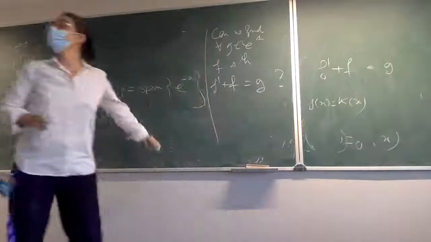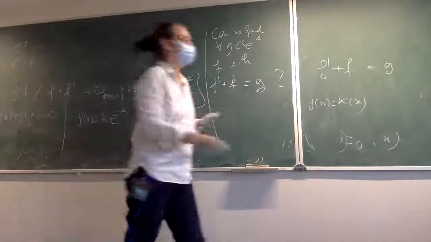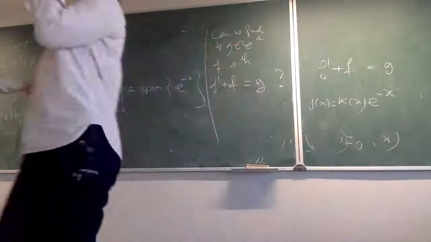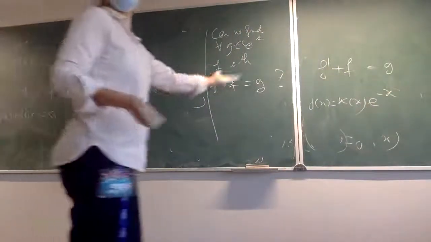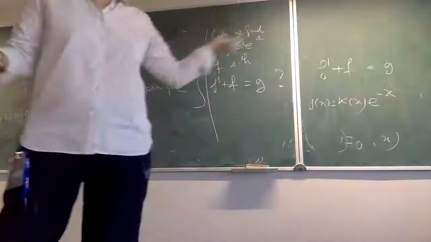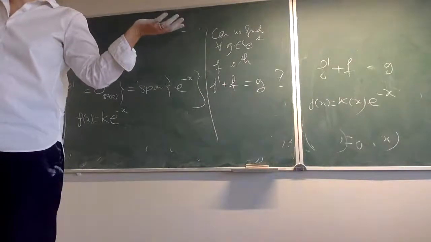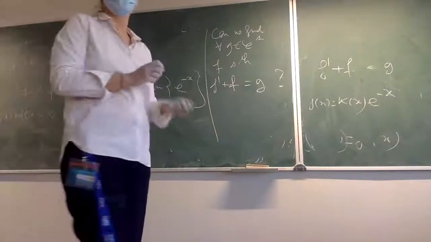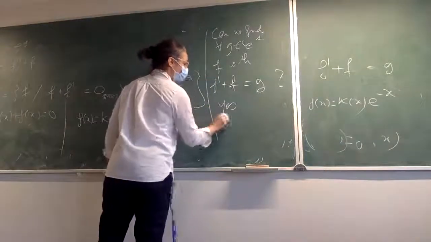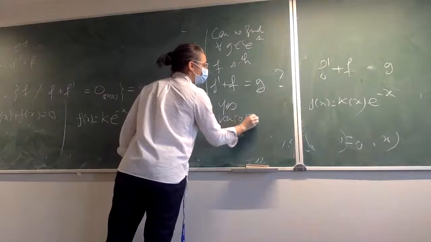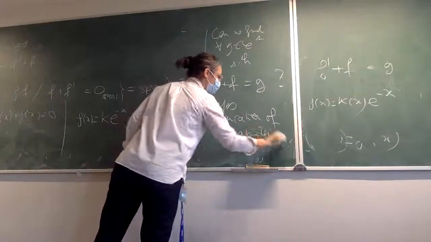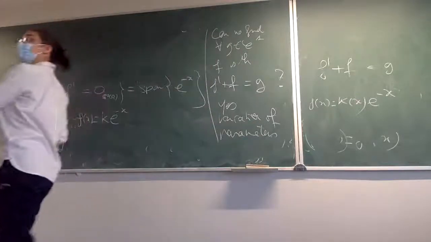Instead of a constant parameter, you take a function. You plug that into the equation and you get something for k, and it's always solvable if g is in C1 in particular. So we have surjectivity, by variation of parameters. So it's not injective, but it's surjective.